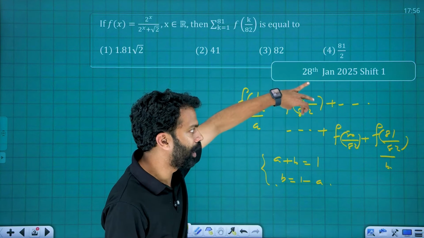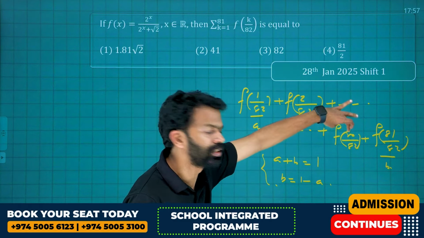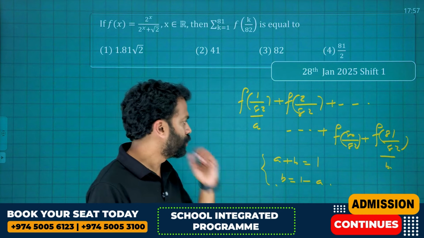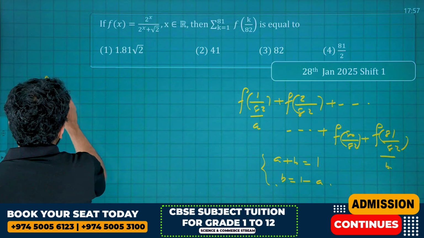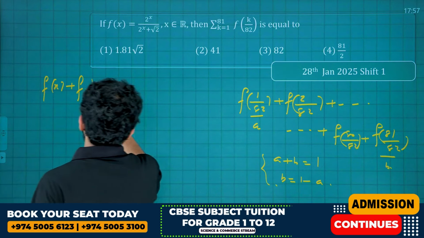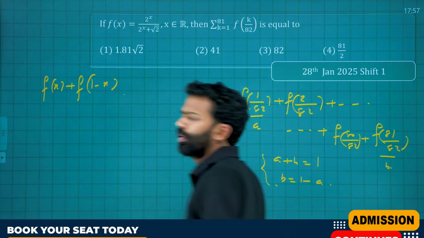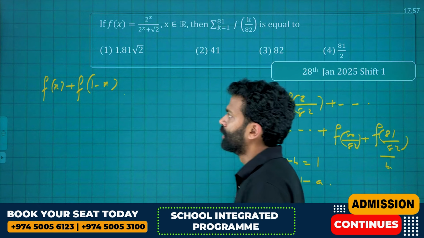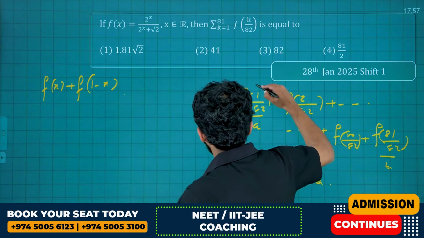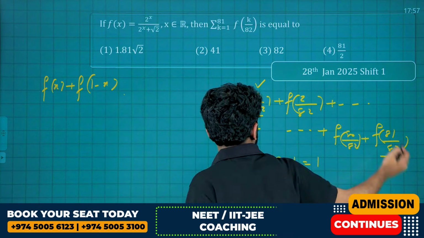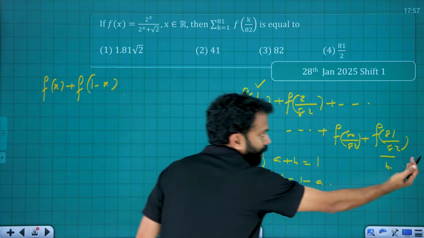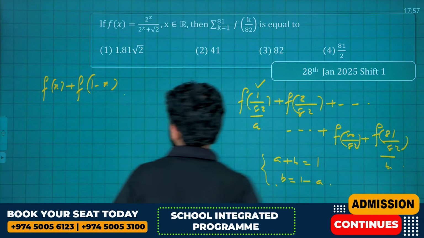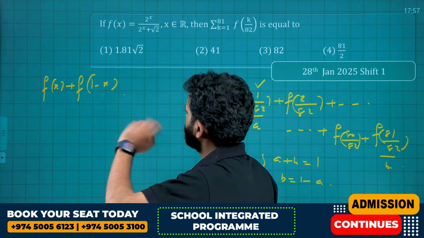This is f of 2 by 82 and this will be f of 1 minus 2 by 82. Okay. So, if we generalize it like this, what will be f of x plus f of 1 minus x? What is the value of f of x plus f of 1 minus x? See, f of x means a value from this end and f of 1 minus x means a value from this end. Okay. And let's sort it out.